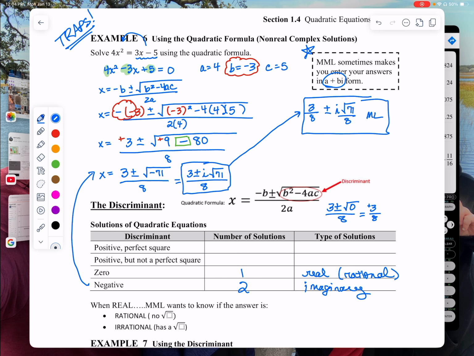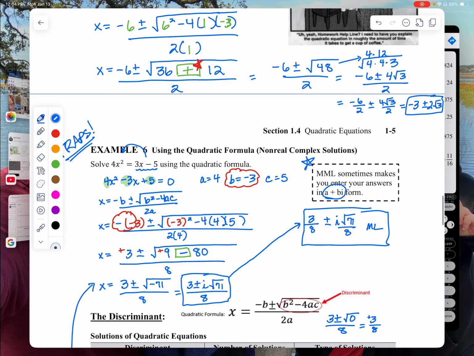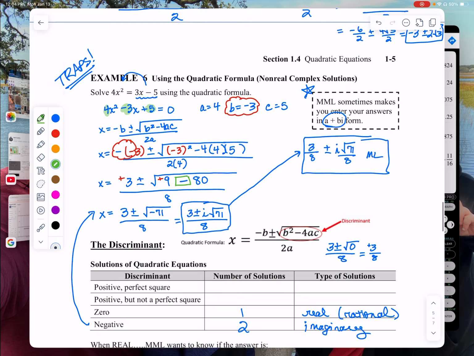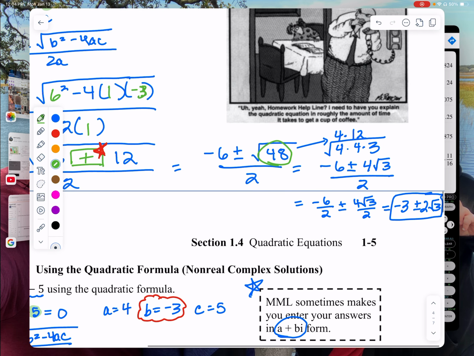What if it is not a perfect square? We had one up here that was not a perfect square. Notice that we got 48 underneath. When it was 48, I still have 2 answers, and they're real numbers. I don't have any imaginary.